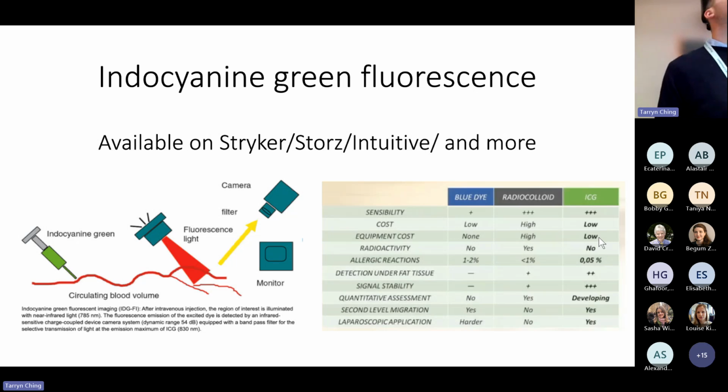Another advantage is obviously there is no radioactivity associated with it. The allergic reactions are incredibly rare and dose dependent. The biggest weakness, in my opinion, of the ICG is the quantitative assessment. And this applies specifically when we talk about ICG perfusion of tissue.